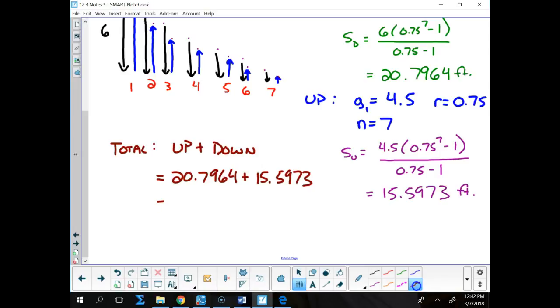That gives me a total distance of 36.3937 feet. Yes?